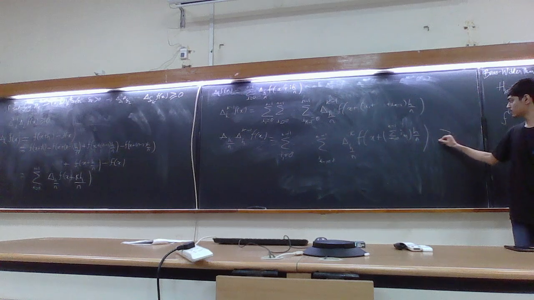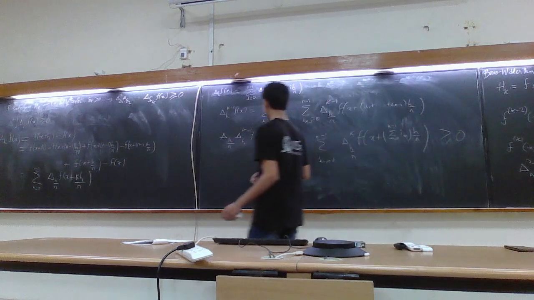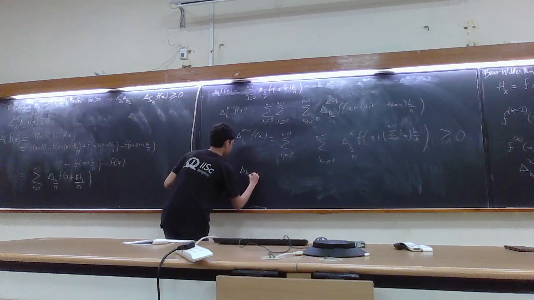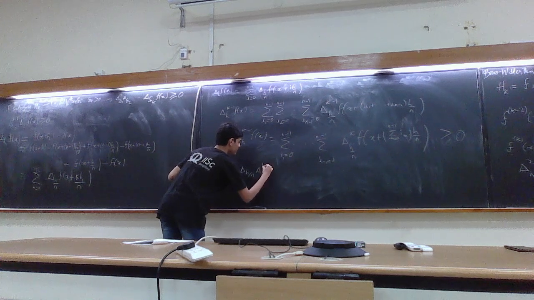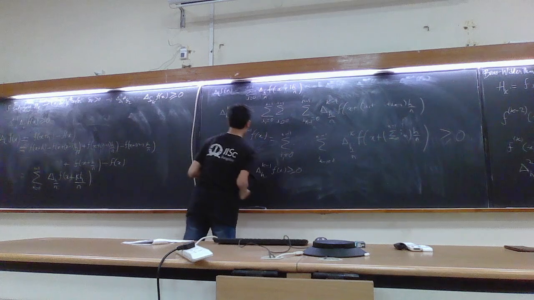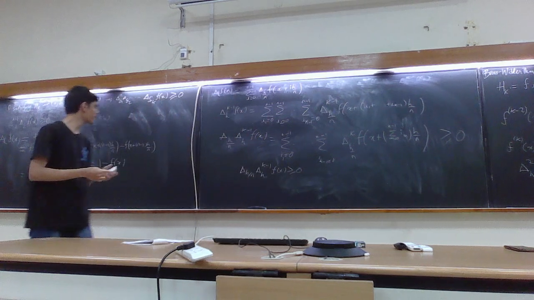So this sum is non-negative. Okay, so delta h upon n, delta h k minus 1 f of x is non-negative for all n.